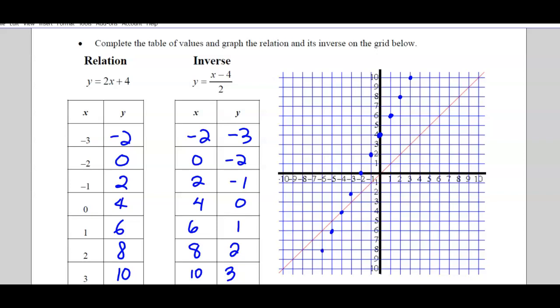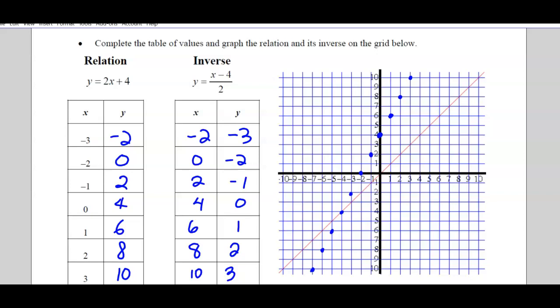So I'm going to fill up my graph paper. When I'm drawing a line, yeah, you can get away with just drawing a couple of points, but how accurate are you? The more points you have when you get that straight edge or ruler and join them up, the better it's going to be. Because there are inaccuracies, right?